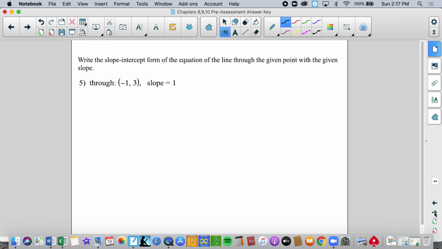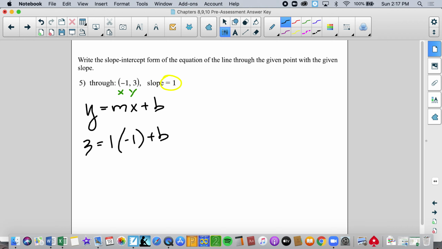Number 5, same thing. We're going to start with our open-ended template. We're going to plug in values that we know. We know the x, the y. We know the slope is 1. So y is 3, slope is 1, x is -1, and we're left with the variable b. We're going to add 1 to both sides.